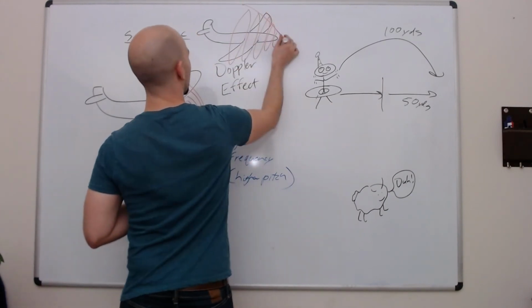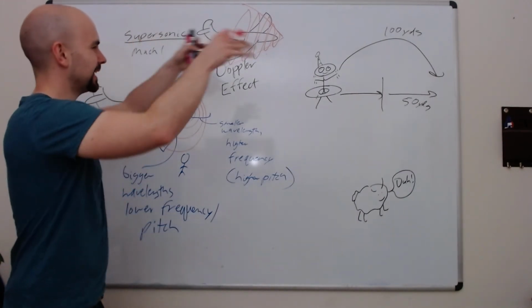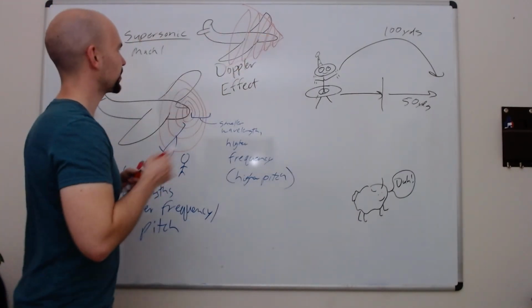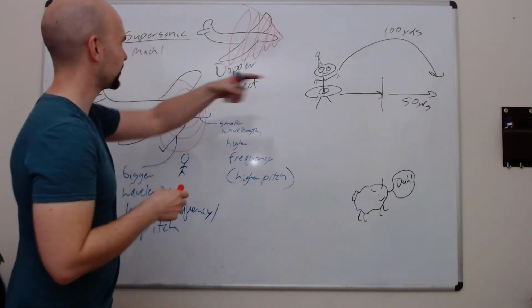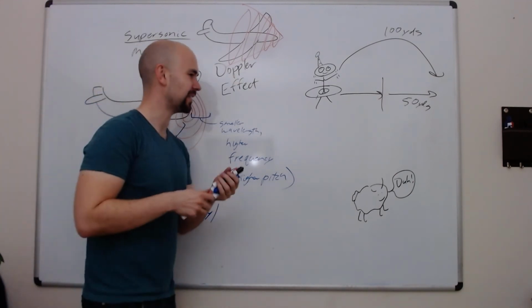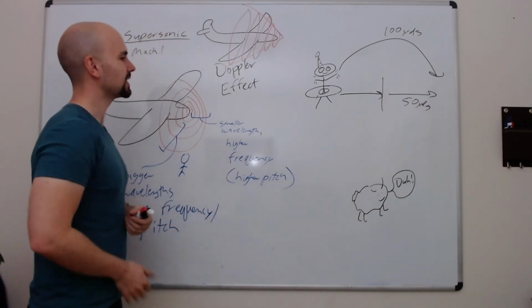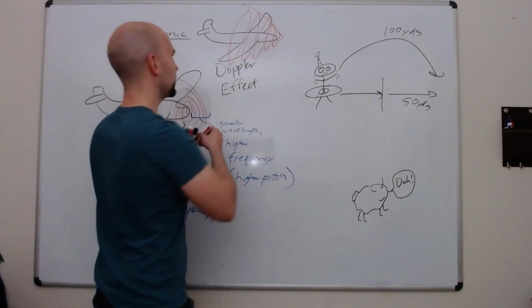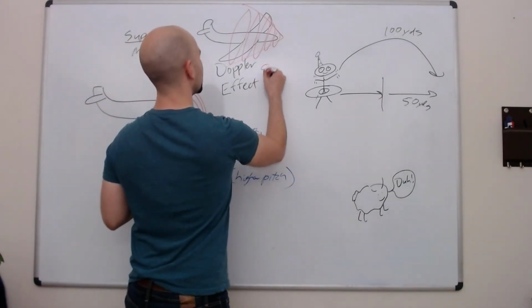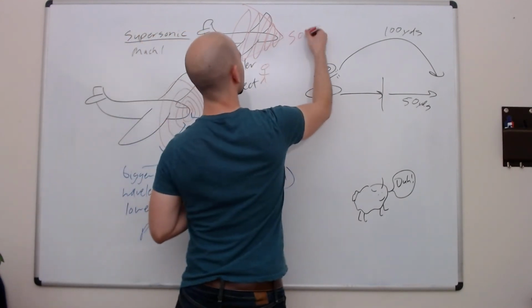You actually make a cone of sound where all of the sound wave bunches up, and there's also a lot of power in that sound coming out of the plane in the first place. And so as the plane flies overhead, this cone of sound, once it hits you underneath, produces what's called a sonic boom.